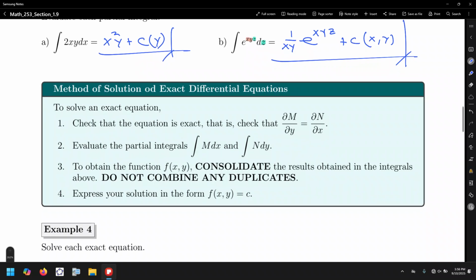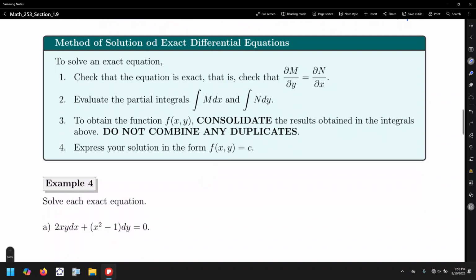Number two, once we know that the equation is exact, evaluate the partial integrals, M with respect to x and N with respect to y. Just like retrieving a potential function, that potential function will be the solution to the differential equation, the solution whose total differential equals the equation we got.